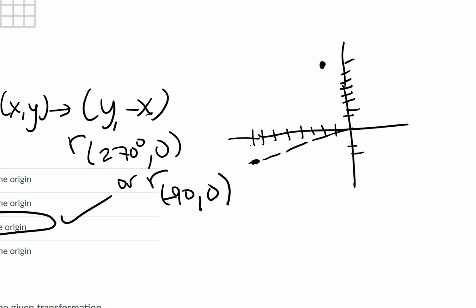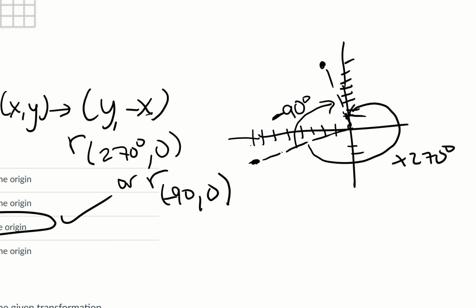So this guy got rotated 90 degrees clockwise, or negative 270 degrees, or negative 90 degrees clockwise, or positive 270 degrees counterclockwise. Either way, you can picture it.